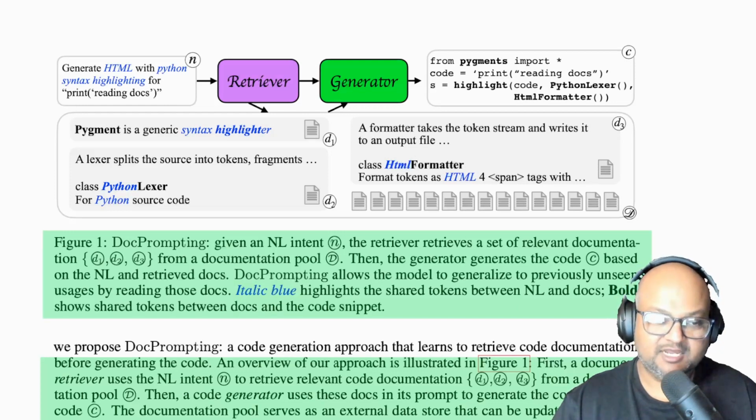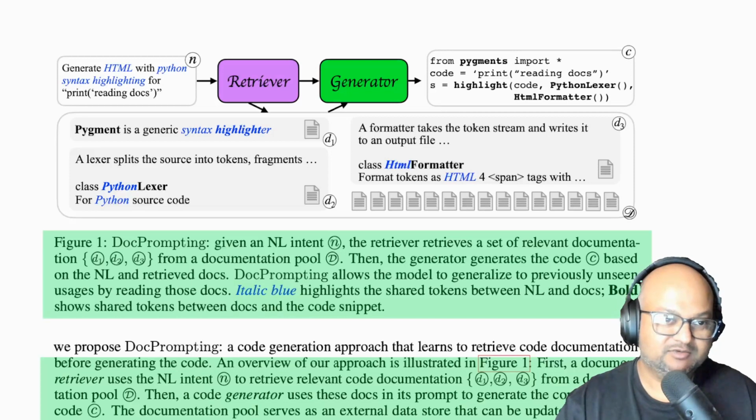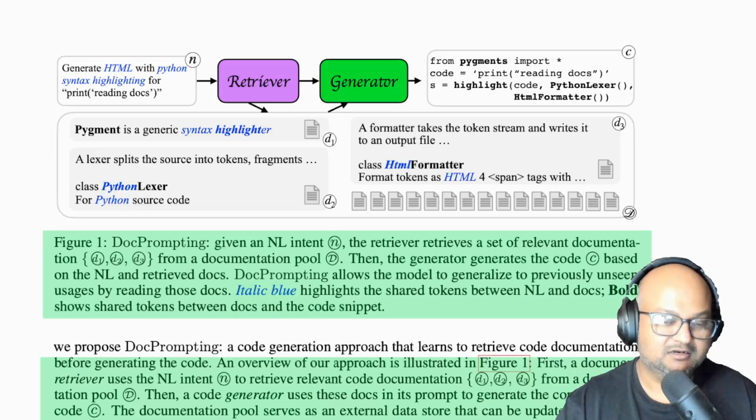And then you take that documentation, combine it with your natural language prompt, and pipe that to step two, which is the generator. And the generator is a much more traditional natural language prompt for an LLM. But all the documentation that you've retrieved goes into adding additional context to the prompt on top of the initial natural language request.